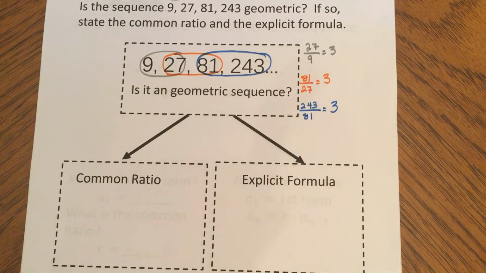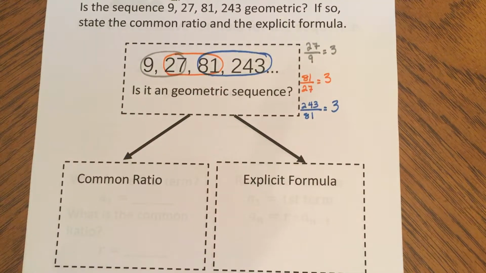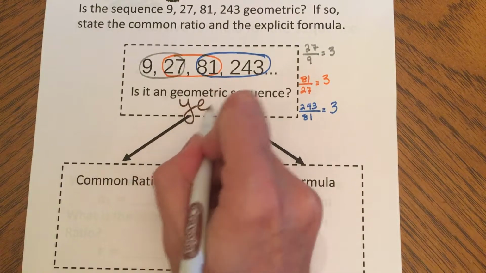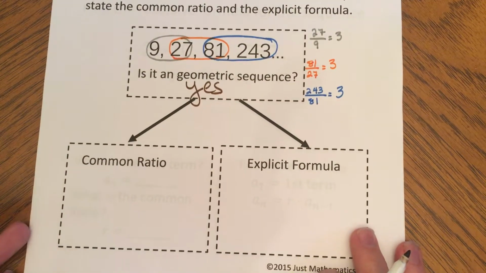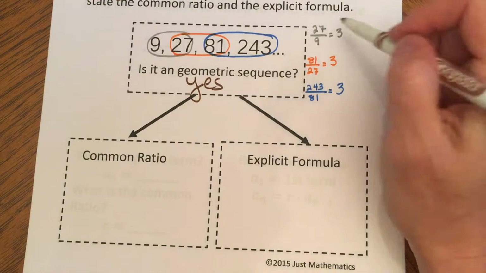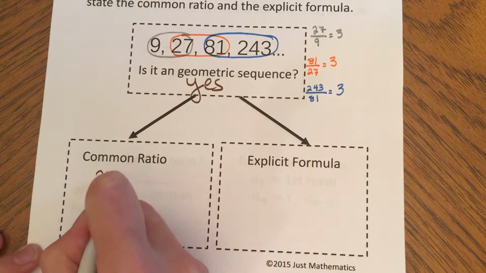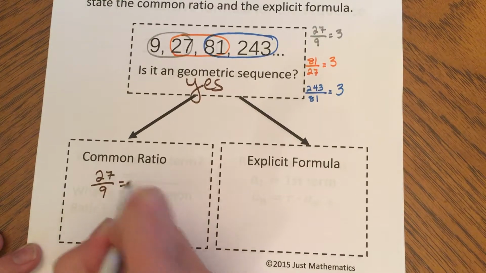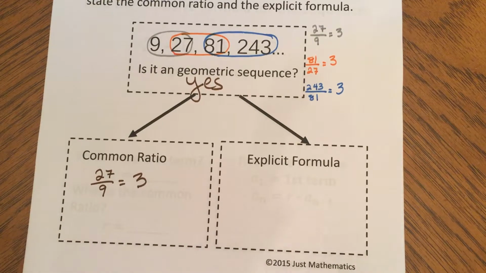So the answer to our first question, is this a geometric sequence? That's a yes. It is. Good job. Well, how do you know that? My common ratio, 27 divided by 9, is 3. That is my common ratio.